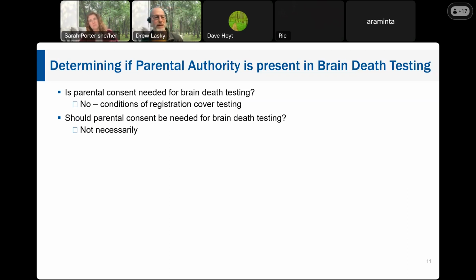And why isn't it necessary? Well, I think there's a barrier, obviously, with the idea of parents having to give their consent to have the testing done because there are disincentives, right?